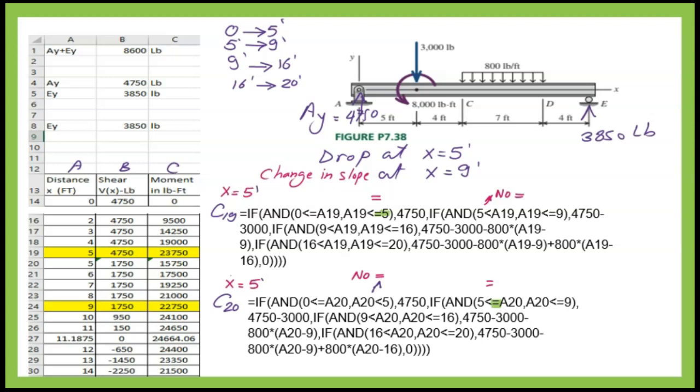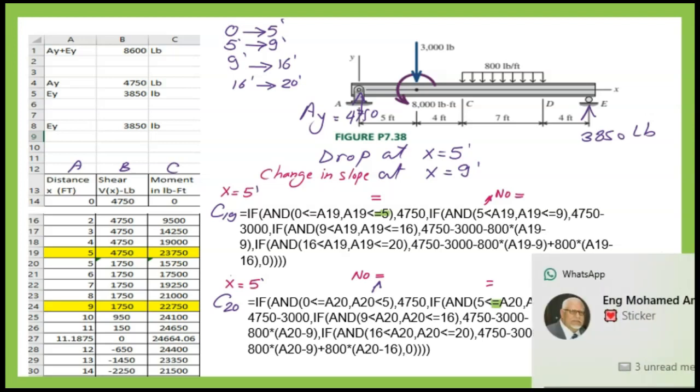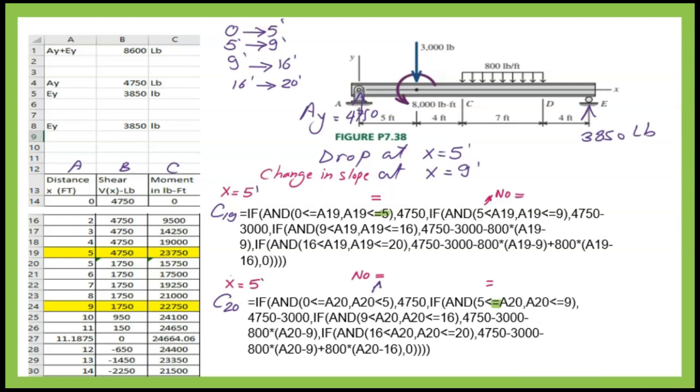Then the AY, this is a value I get by taking the moment, which already matches with the calculation at the first slide, 4,750, and this is the EY. By using the sum, we get 3,850, and this is again another check to get the EY by taking the moment to the left support. That will give us again the same number, 3,850.